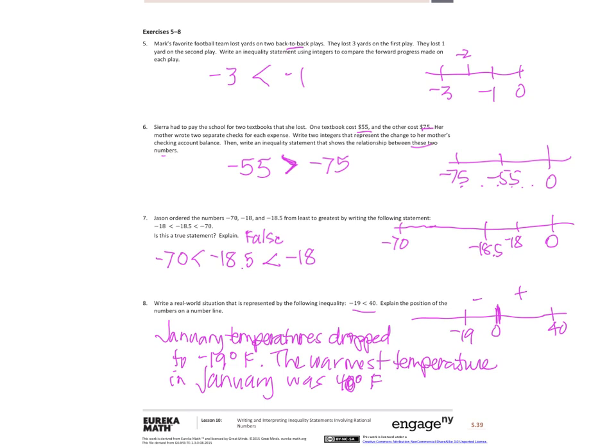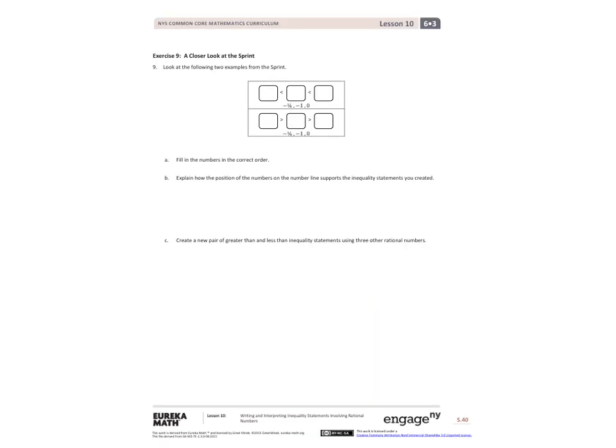Okay. Then, I mean, a story problem. The real world is that I've got -19 degrees Fahrenheit and I've got 40 degrees Fahrenheit. Then I could write a story problem about what was the change in temperature from the lowest to the highest temperature for the month of January.